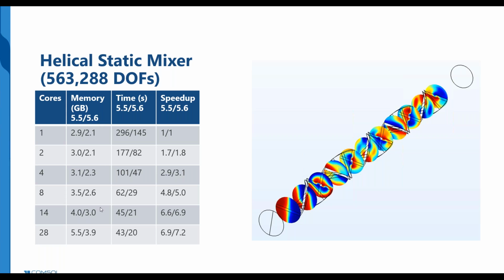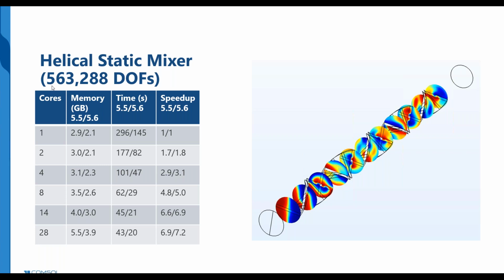You can see that all numbers are improving in the latest release. You can also see here an important effect, namely that solving the problem with more cores requires more memory, and this is something we will get back to. So the main reason to use multi-core is to get speed up. There is a cost to do this, and it's a memory overhead. And you see here the speed up numbers are improving.